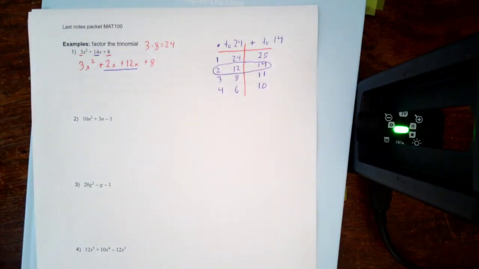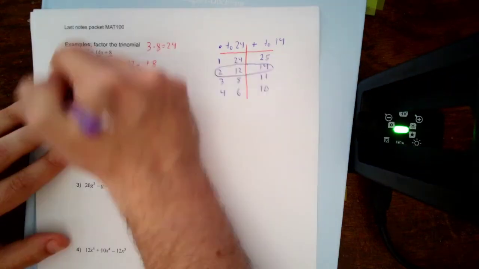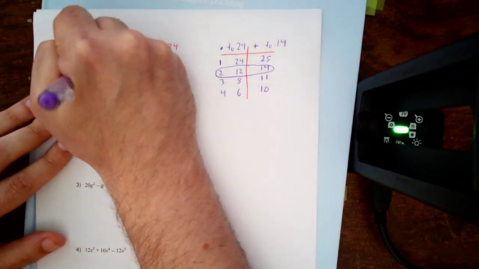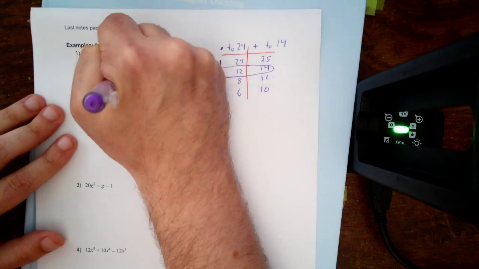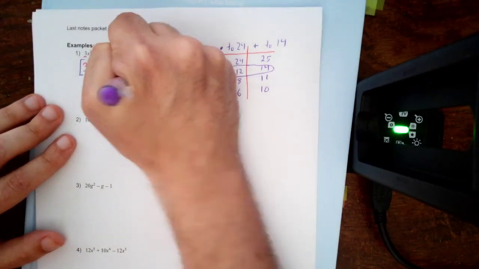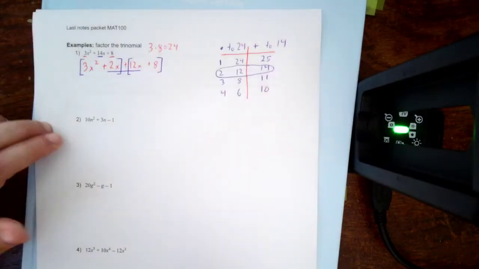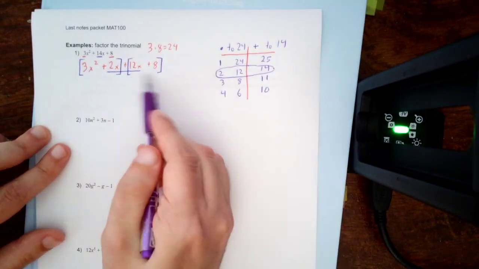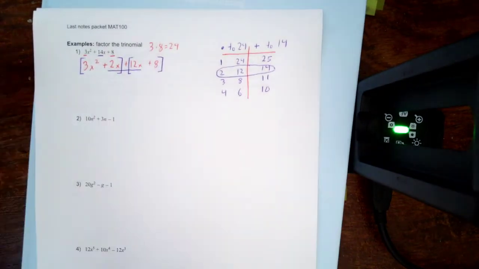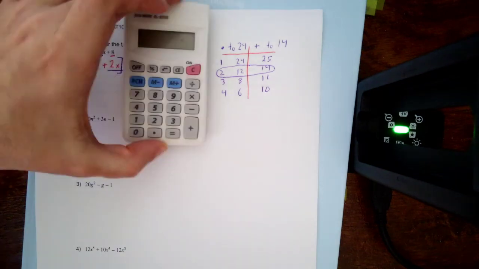Now, the reason I have done this is I want to look at this group of terms and then this group of terms, the first group and the second group. And I'm going to factor only one of these groups at a time.